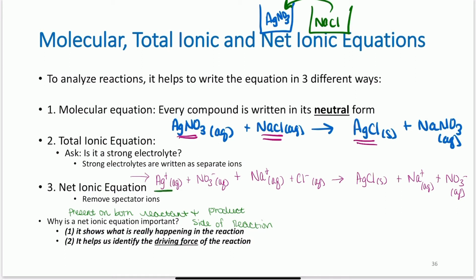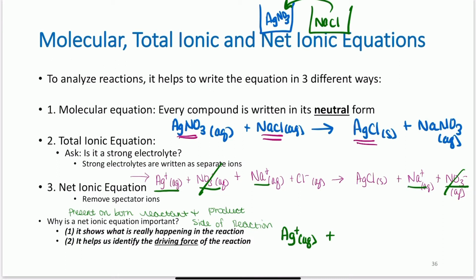I look and I say, okay, I've got silver plus here. I don't have any silver plus on the other side. So I'm going to go ahead and write down silver plus. I've got a nitrate here, I've got a nitrate here. I'm going to cross those out because it's on both sides of the reaction. I've got a sodium here and a sodium ion here, and you do have to make sure that they're balanced.